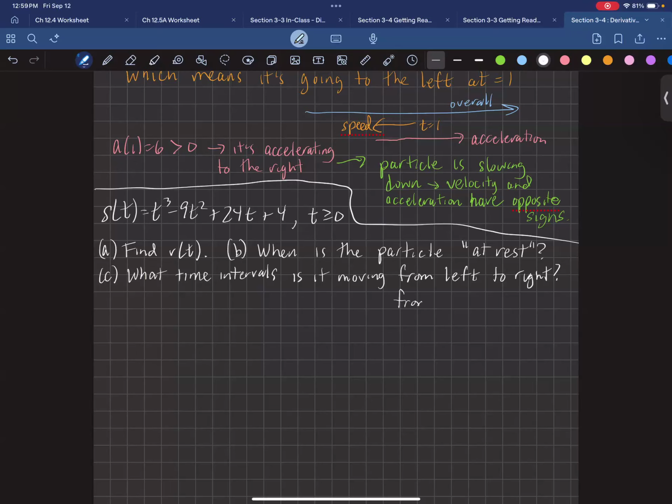And then how about from right to left? And then after that, we're going to use that information to sketch the path of the particle.